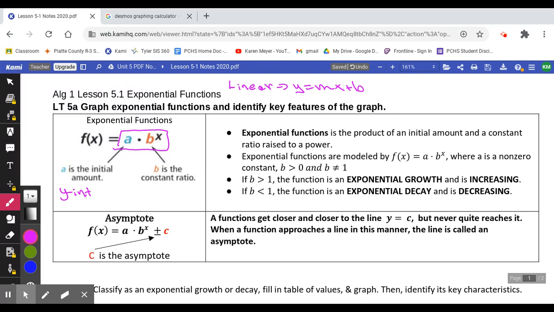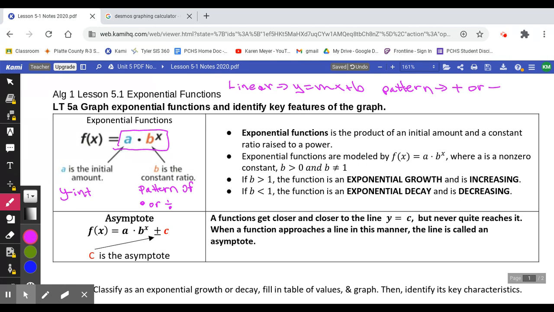And the constant ratio is also considered the pattern of multiplication or division. Okay, remember for linear, the pattern was addition or subtraction. So then exponential has to be opposite, and that's how we got multiplication or division.